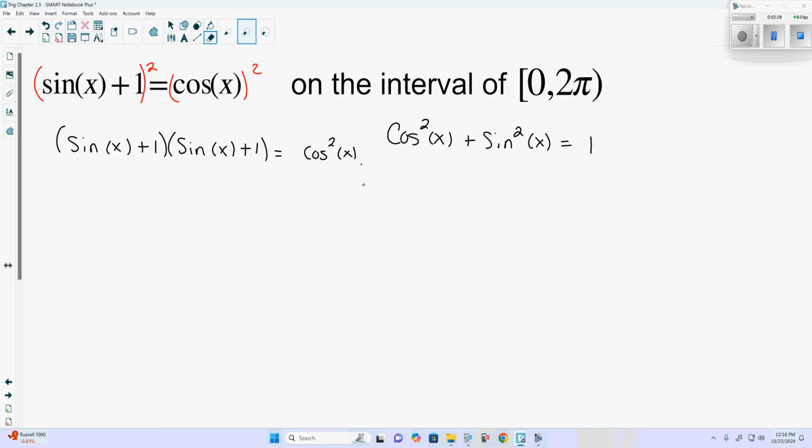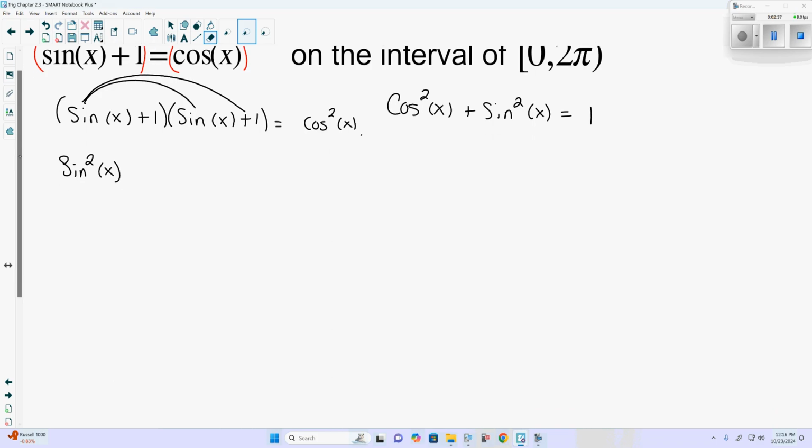Now on the left-hand side, we're going to multiply this out. Sine times sine is going to be sine squared of x. Sine of x times 1 is going to be plus sine of x. 1 times sine of x is going to be plus sine of x, and 1 times 1 is going to give us plus 1.